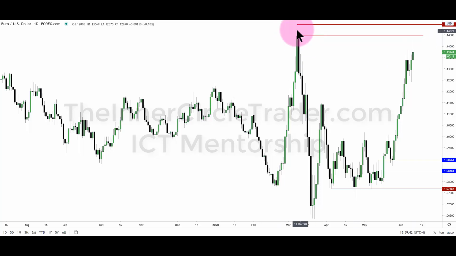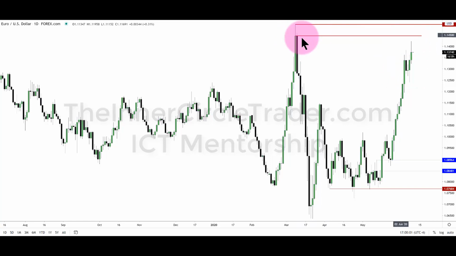So that's the importance of understanding why I teach the rejection block, because I don't care if it doesn't run this old high. I know that the rejection block is very likely to get traded to, and even if it does take out this high, it's still a target for me. Now think about it like this. If Eurodollar trades up and goes above the rejection block, and I take something off my trade if I'm long, am I going to be upset if it never gets back above this old high?